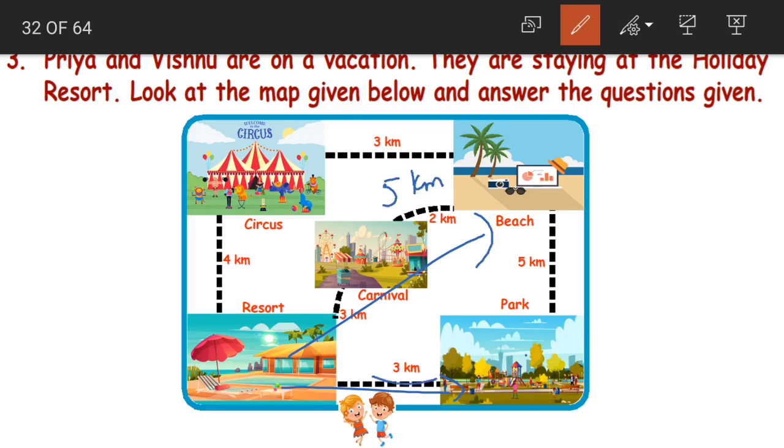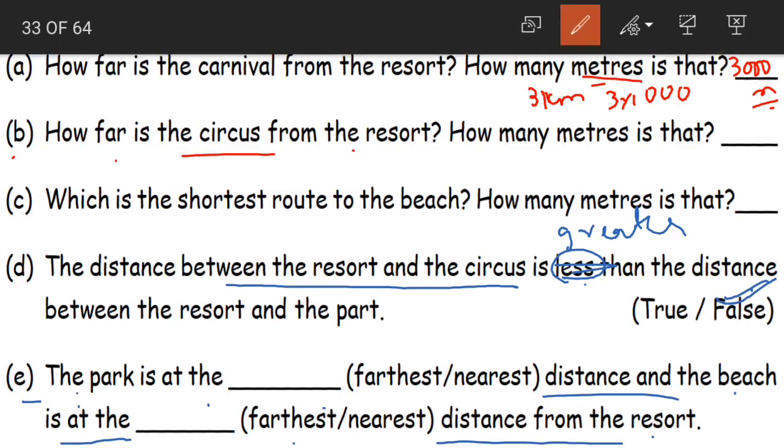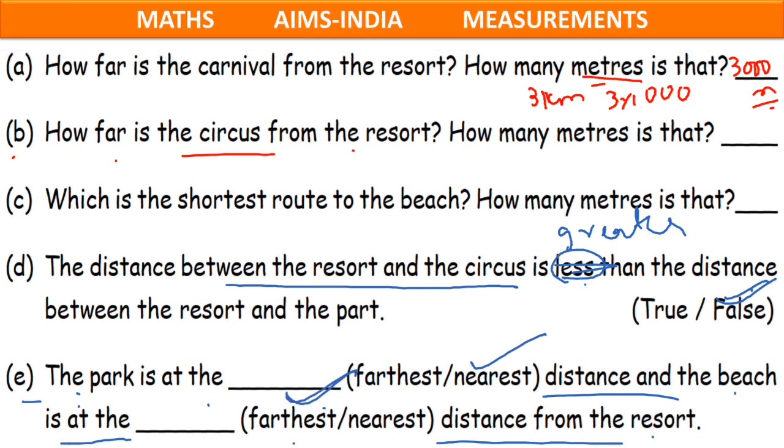And if you look at the park is only 3 kilometers away. So which is the nearer one? Park is the nearer one. Beach is the farther one. Farther means which is far away. So the park is at the nearest distance and the beach is at the farthest distance from the resort. Is this clear, children?